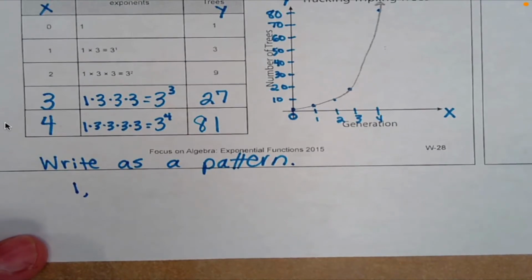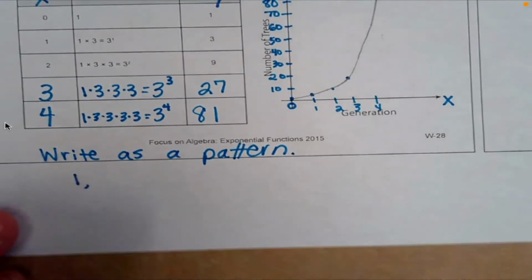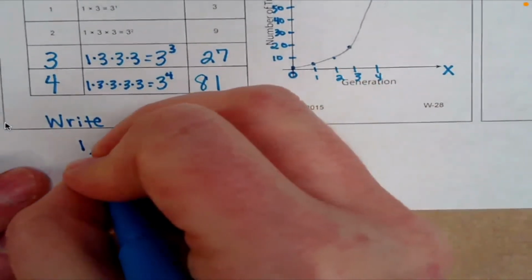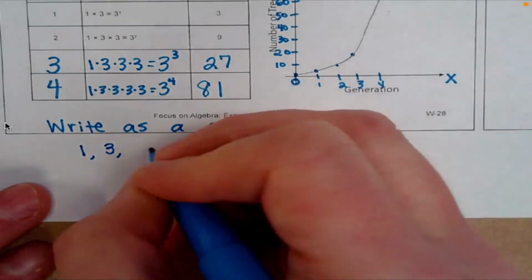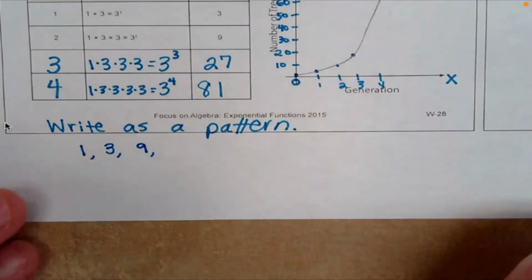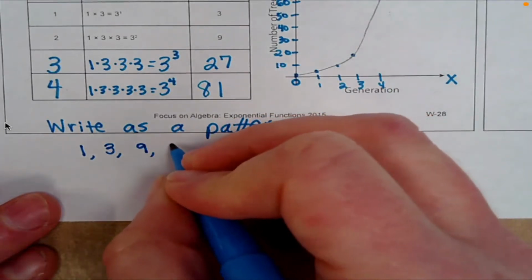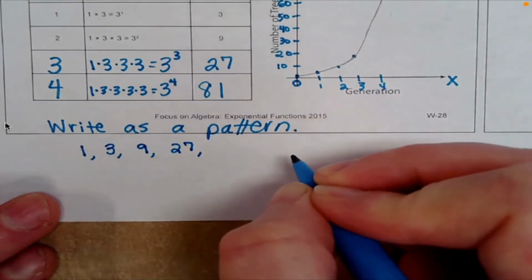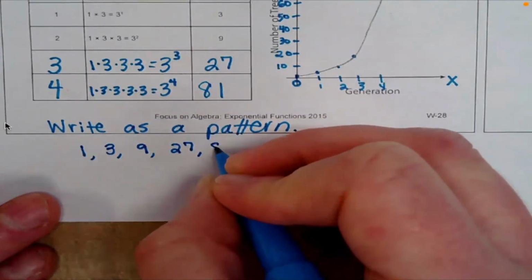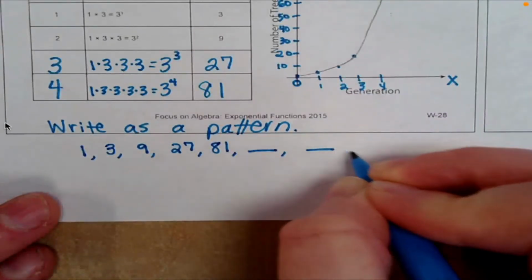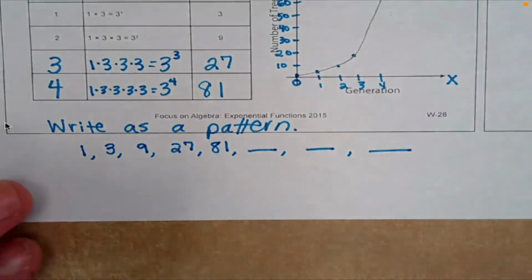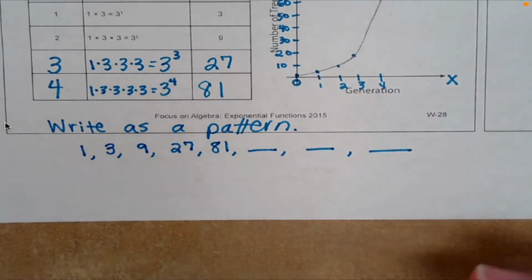List it out as a sequence or a pattern. 1, and then 3, 9, 27, 81. I want you to do the next 3 numbers. Don't shout them out. Just go ahead and find the next 3 numbers.